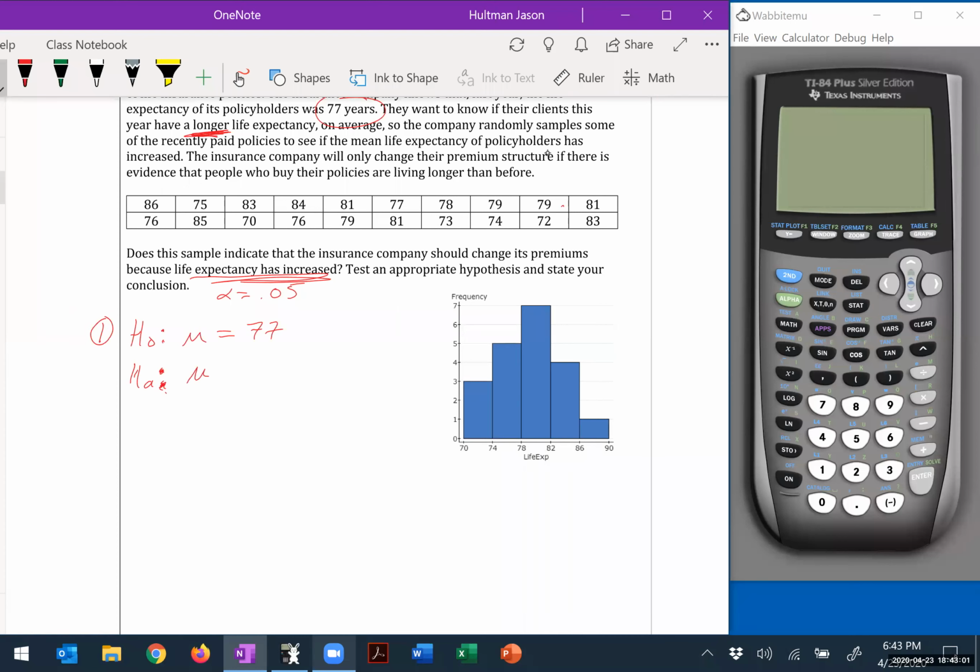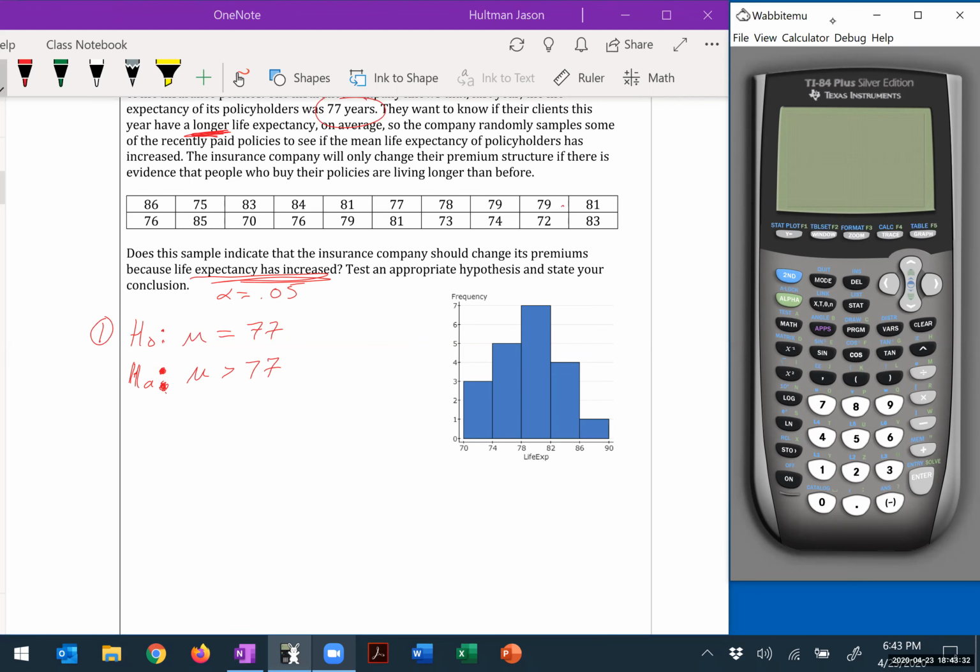So mu is greater than, we want to see if they're living longer, greater than 78. Wouldn't that be 77 as well? Oh yeah, 77, thank you. I don't know why I wrote that. Greater than 77.